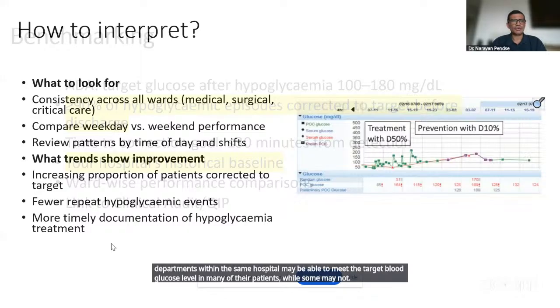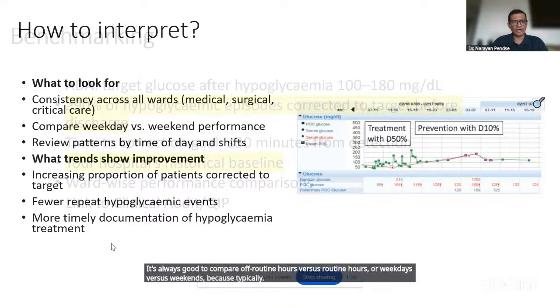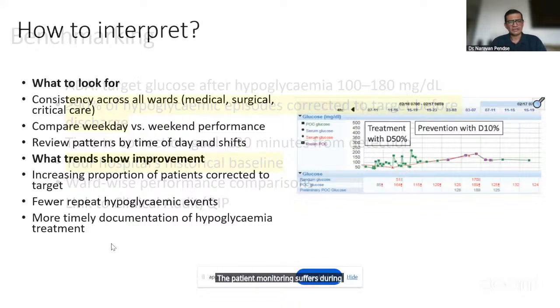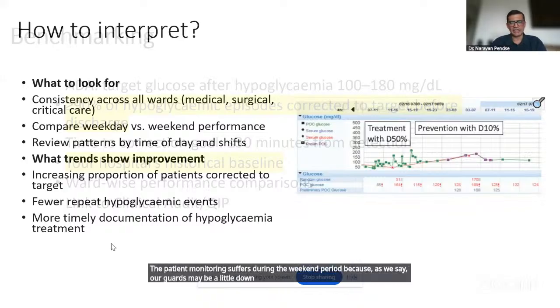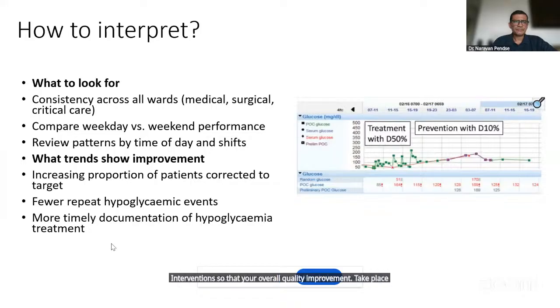It's always good to compare off routine hours versus routine hours, or weekdays versus weekends, because typically patient monitoring suffers during the weekend period, because as we say, our guards may be a little down in hospitals at that time, staffing problems may be there. So all these help you pick up points or opportunities for intervention, so that your overall quality improvement takes place.